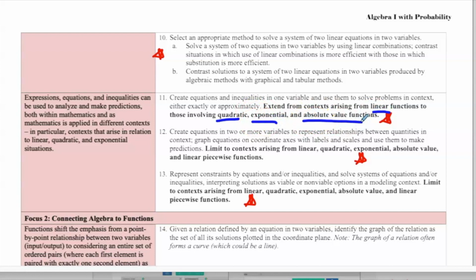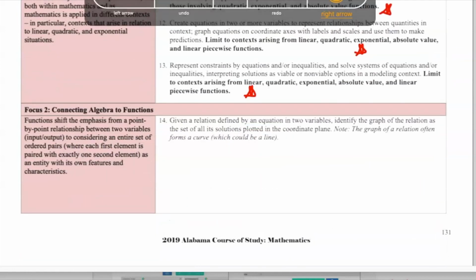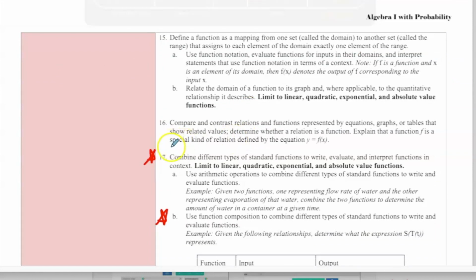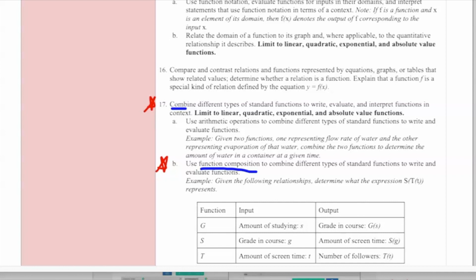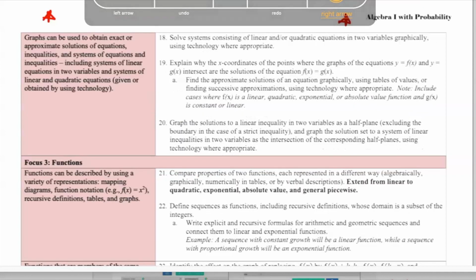So this same standard could be in Algebra II or pre-calculus, but this bold would be different for more advanced functions in the later courses. Standard 17 deals with combining different types of functions and the use of function composition. So that is also a new standard this year.